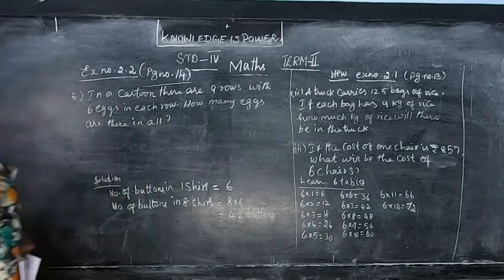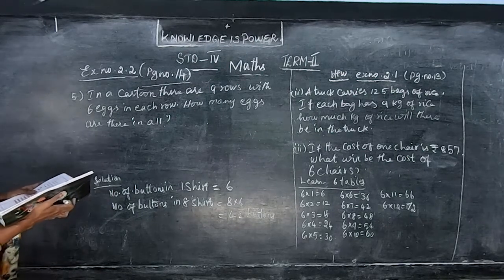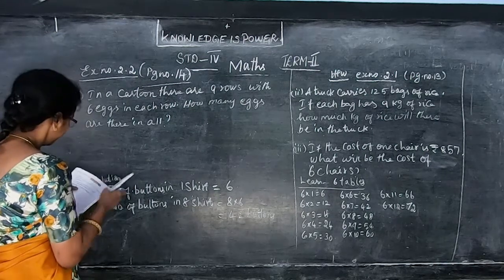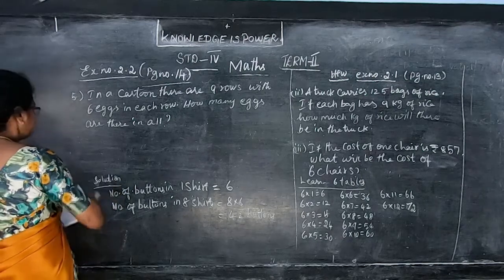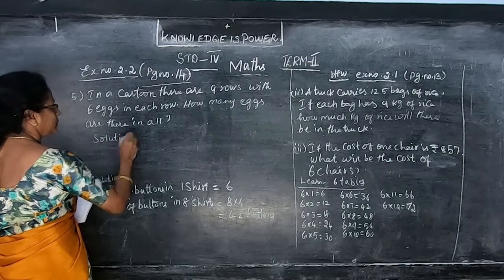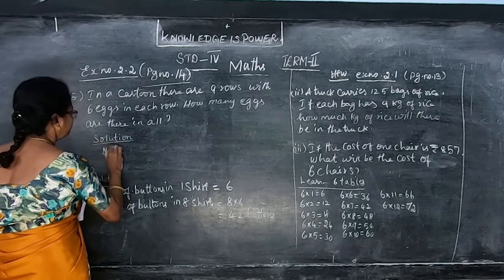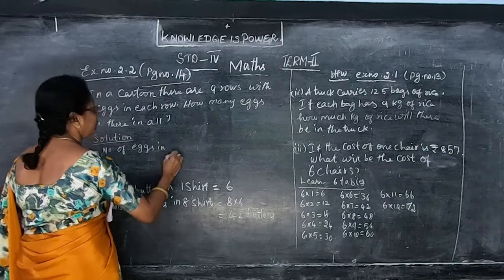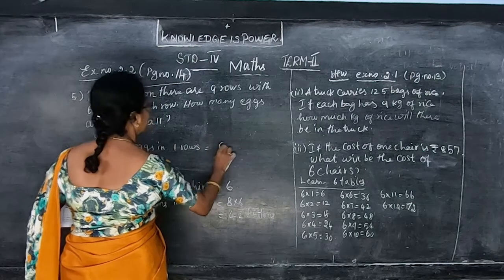In a carton, which means a box, there are 9 rows with 6 eggs in each row. So number of eggs in a carton: number of eggs in one row is equal to 6.